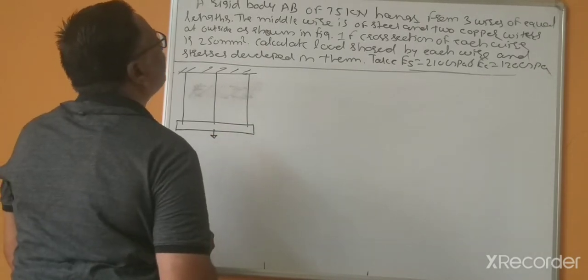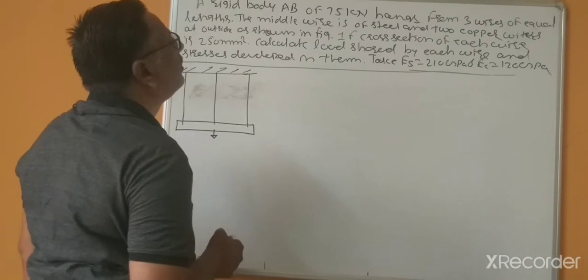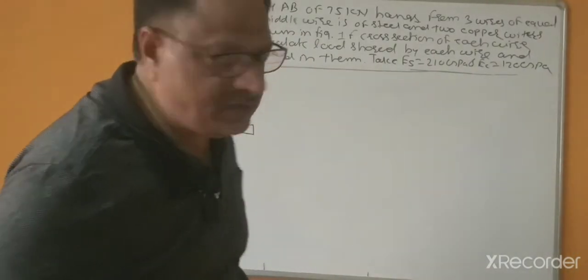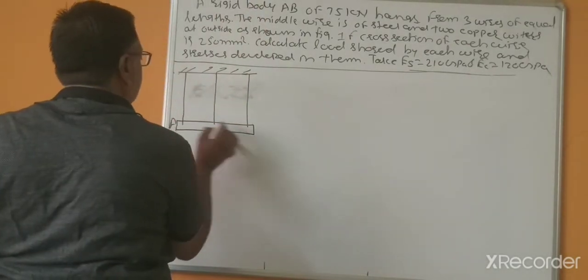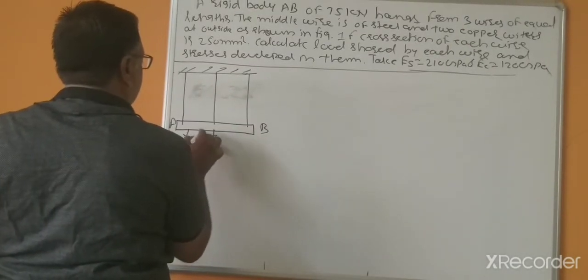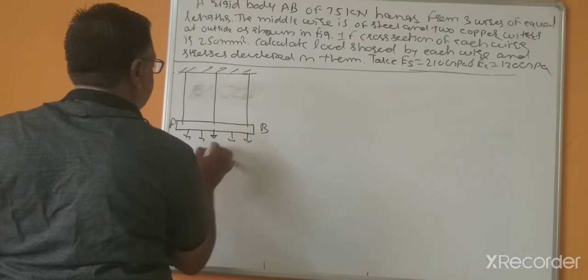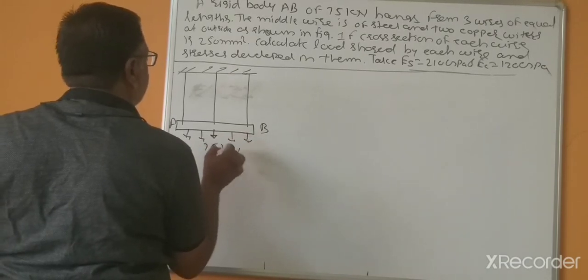In this figure, this is AB, and this uniformly distributed load is 75 kilonewtons.